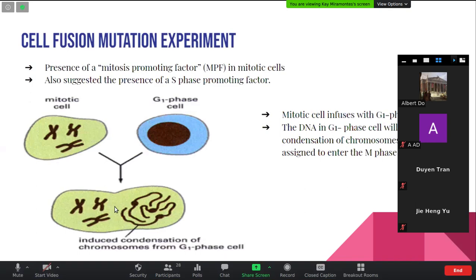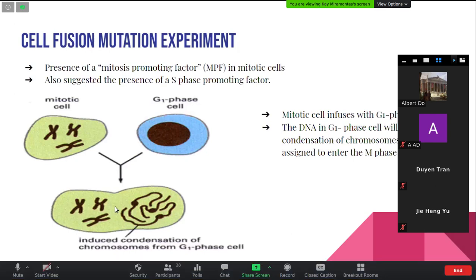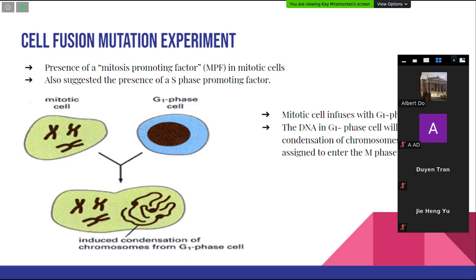So we're going to talk about the cell fusion experiment. Cell fusion is an important cellular process in which cells with a single nucleus combine to form a multinuclear cell. Similar to what was said on the previous slide, there's a presence of MPF and the presence of an S-phase clonal factor. As you can see, there are 2 cells presented in this image. The mitotic cell is in cell division, going through mitosis. With cell fusion, the mitotic cell fuses with a cell that is held in G1 phase.